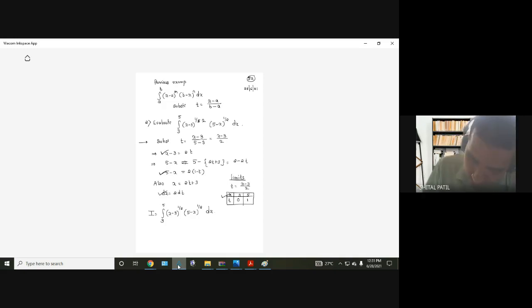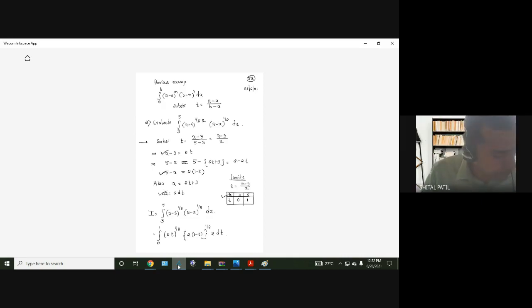So the limit will be 0 to 1. x minus 3 is 2t, raised to half. 5 minus x is here, 2 times (1 minus t), raised to half, and dx is 2 dt. Simplify this and then you'll get the required answer.